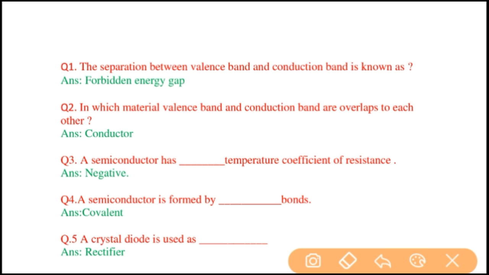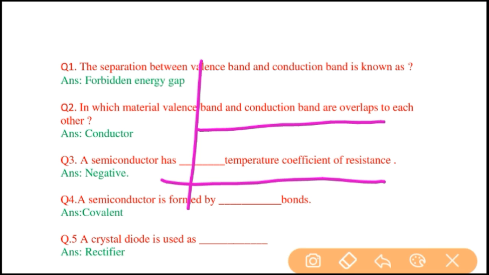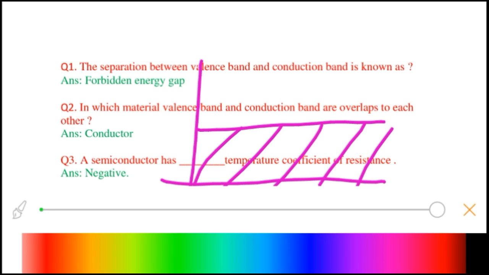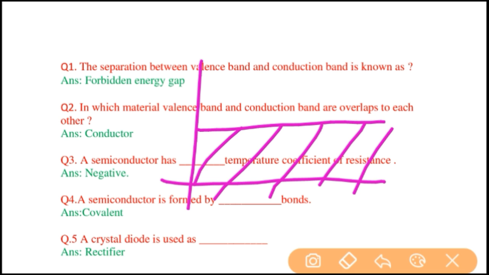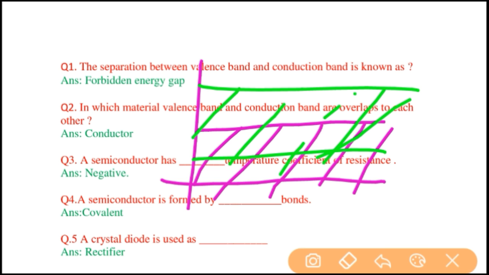Now let us see the energy band diagram for the conductors. For the conductor, suppose this is the valence band and we have the conduction band. You can see that these are overlapping each other.